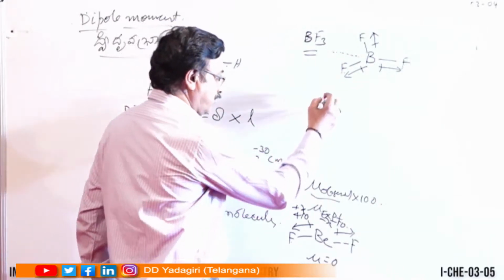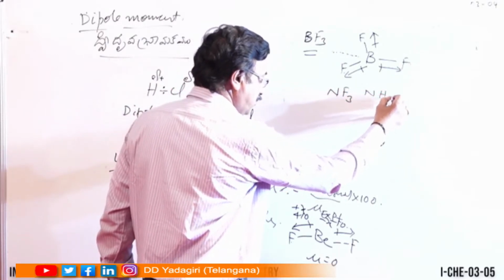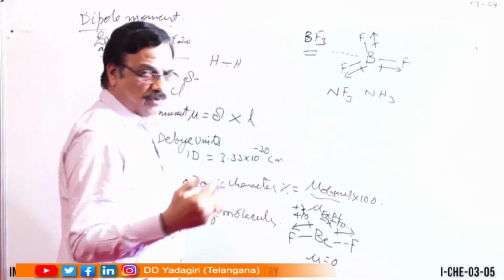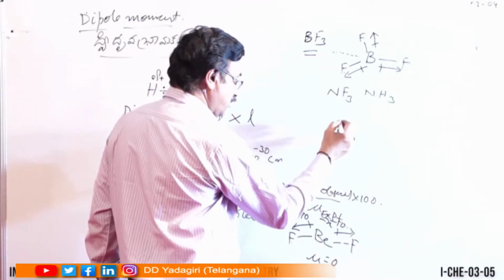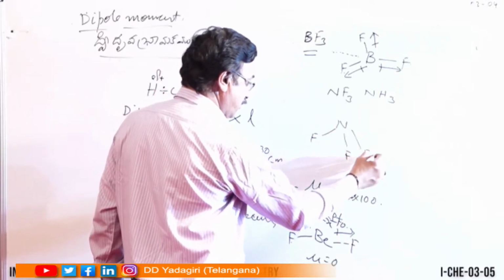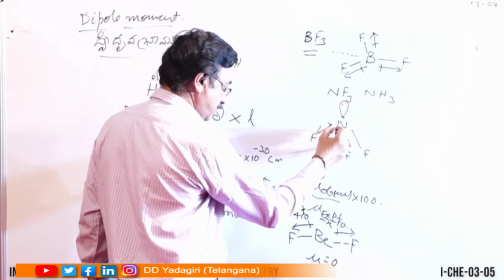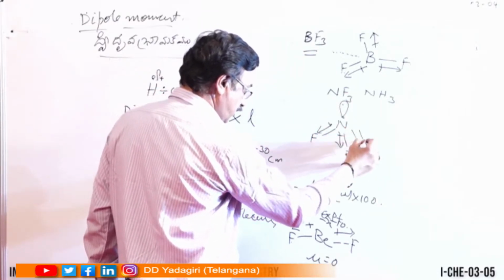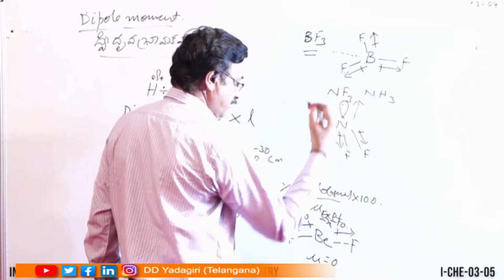Similarly, the NF3 and NH3 molecules have different dipole moments. How is it possible? See this, both of them have pyramidal shapes. So here the dipole moments are like this, and the resultant will be like this.